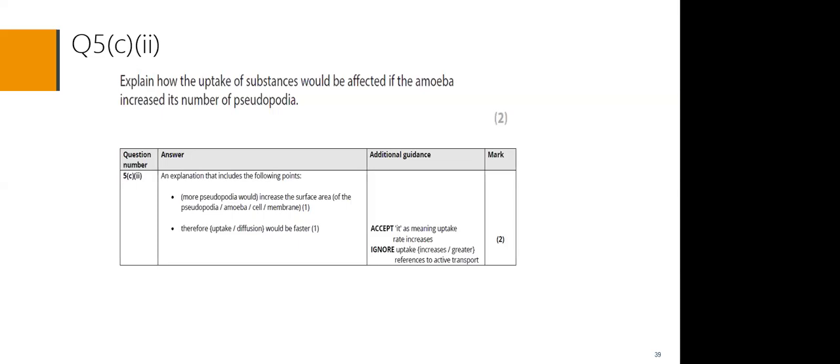So have a look at the exemplar responses to this question and put the marks into the chat box.